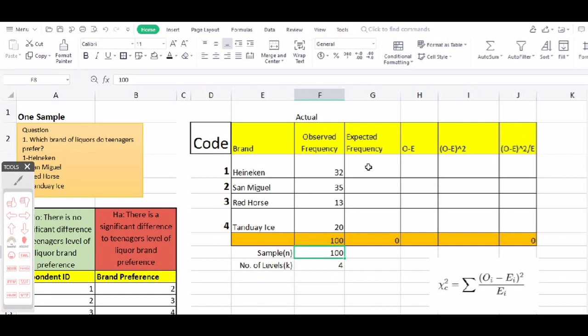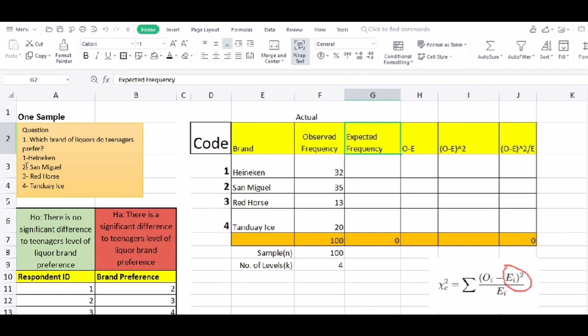The next one is that we're going to get the expected frequency. In getting expected frequency, this is what we call predicted or anticipated data. In just one sample, this is the formula. So total of O, which is 100, divided by the number of levels, which is 4. 100 divided by 4, and that is 25.